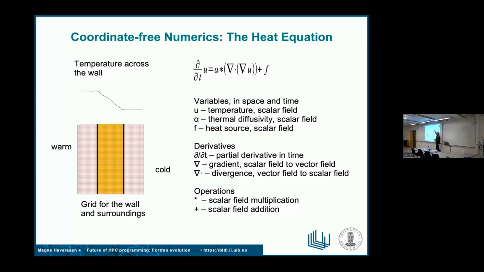So the derivative would take the data corresponding to the temperature distribution. This temperature would be a scalar field, and then it would create how temperature flows inside such a system. So it's real computation.